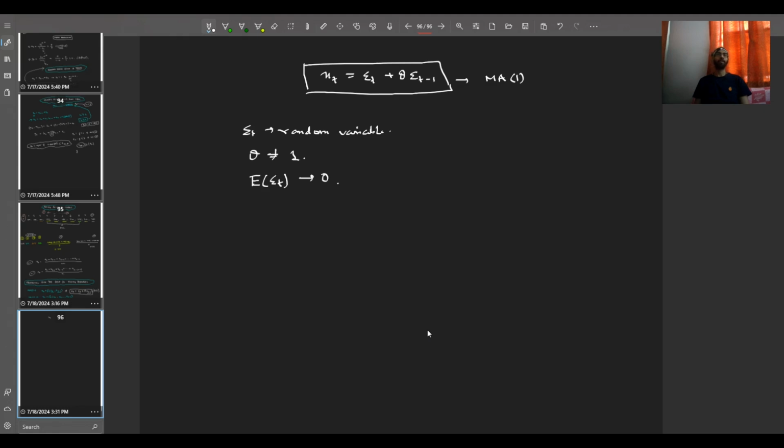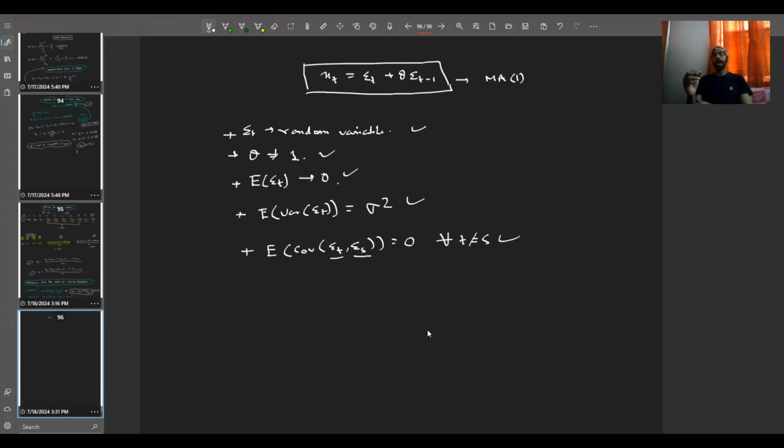Then the variance of this random variable is, let's say, sigma square. The expected covariance of this random variable with respect to some other lagged random variable is equal to 0, t is not equal to s. So these are the properties that this equation has.